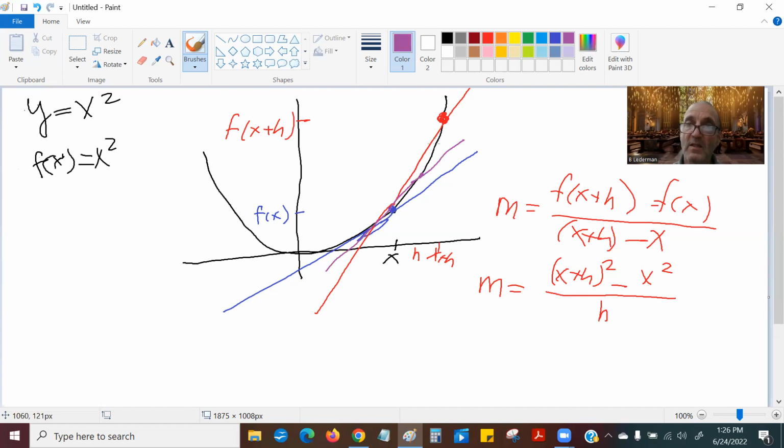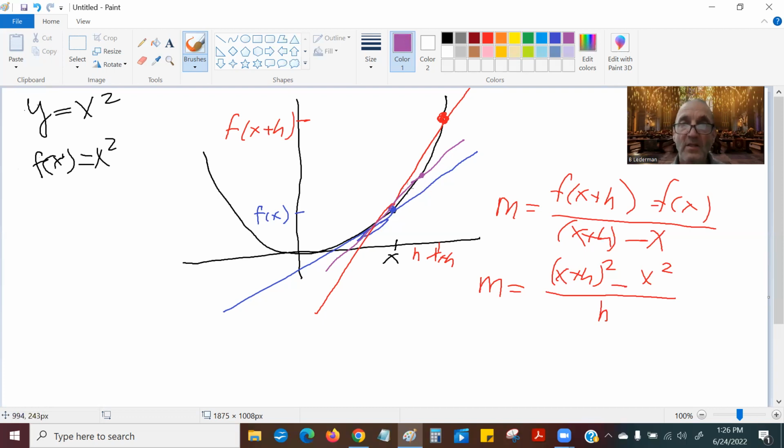So I have the red secant, and then I have the purple secant. The new h value is the difference between the x value of my tangent point and the x value over here. Since that h is getting smaller and smaller, the purple secant sort of collapses onto the blue tangent.